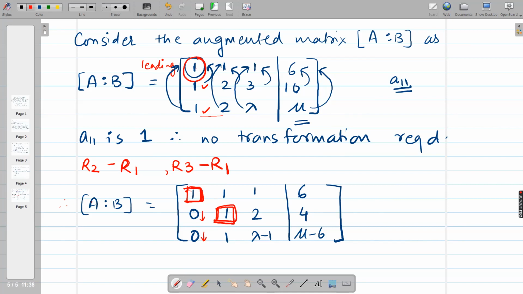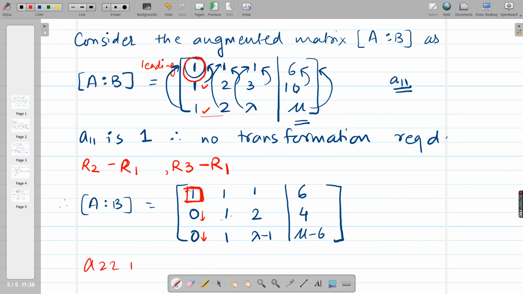But if it is not 1, then you should make it 1 by choosing the appropriate row transformation. Either you can go for interchanging of rows, or you can divide this number. This should be a non-zero number. If it is a 0 here, then you should look for the next entry. And if this is non-zero, then you should interchange these two rows. But in this case, this A22 element is already 1. So again, there is no transformation required.